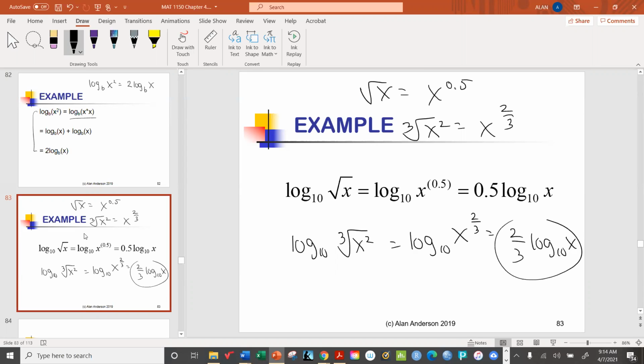Okay. The key to the whole thing is recognizing that this thing is in fact x to the 2/3 power. Then you can use the rule, the power rule, that is.